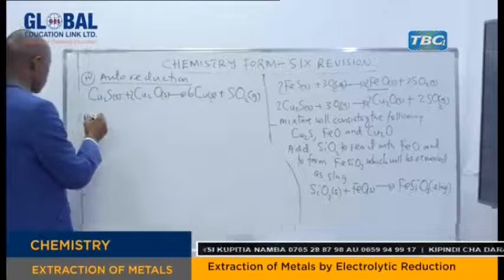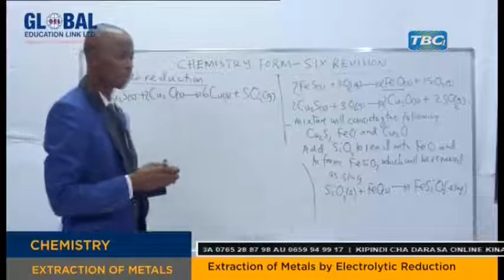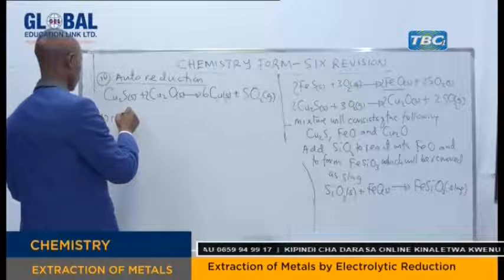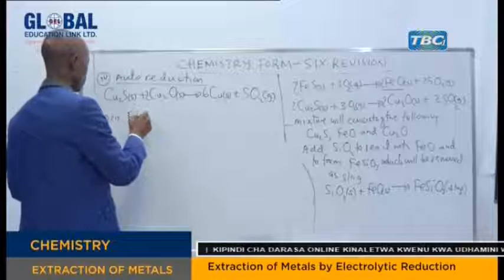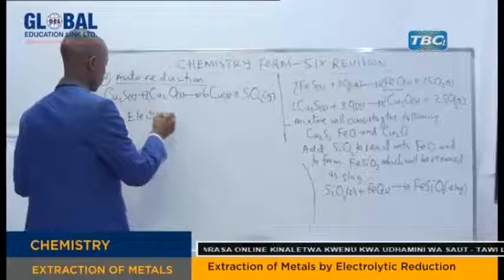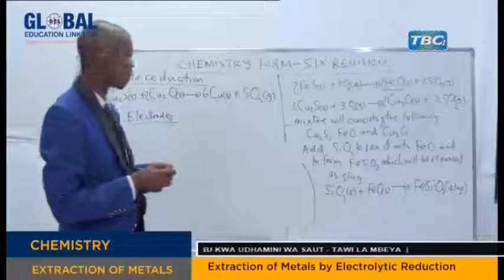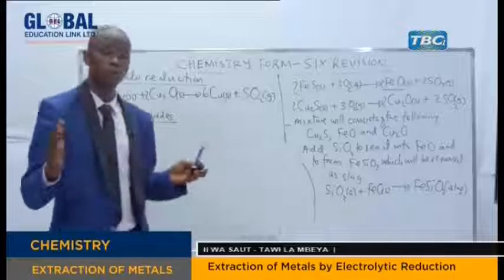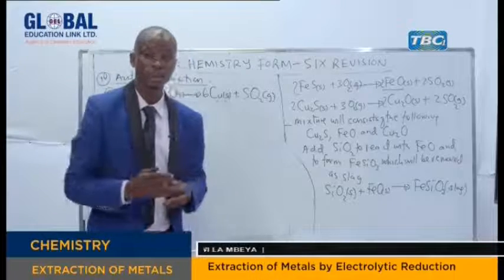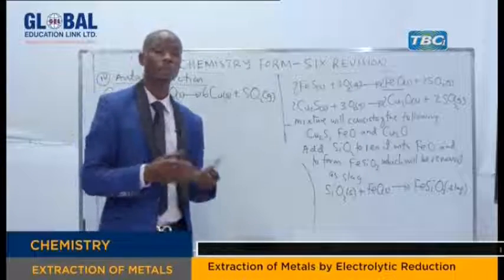Now B. Number 1, we have the chemical nature of the electrodes. The purification of copper metal is done by electrolysis.